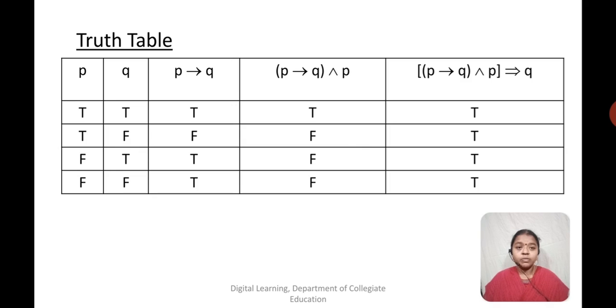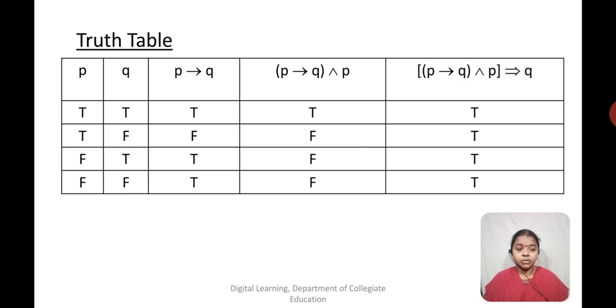The third column says P implies Q. So we write it as it is. And then the premises, which I've written as P implies Q and P, go in the fourth column. The last thing is the premises and conclusion are connected by the symbol implies.